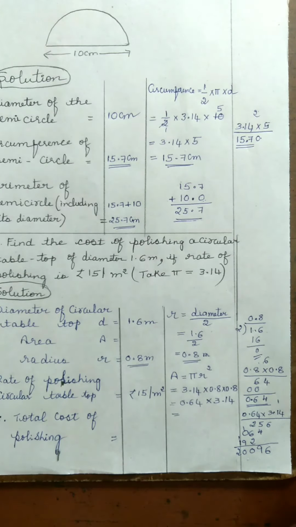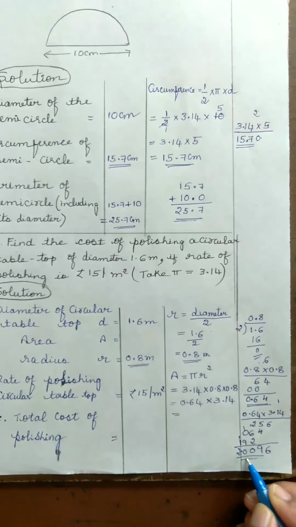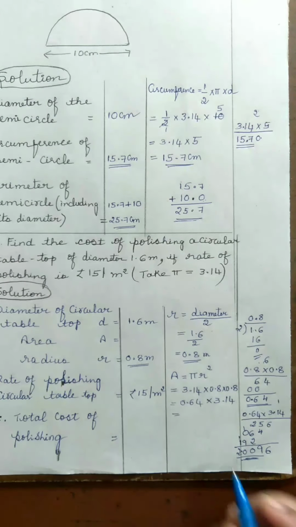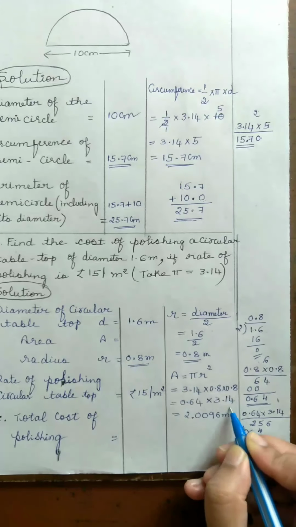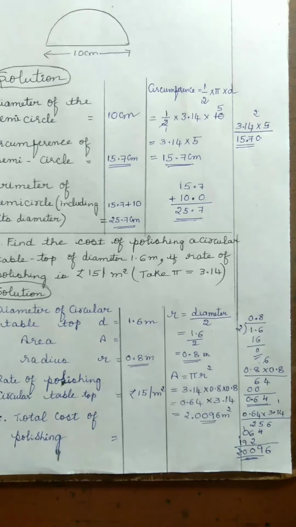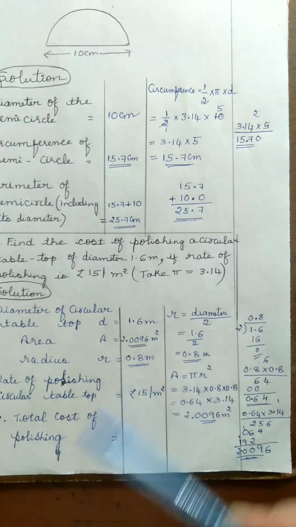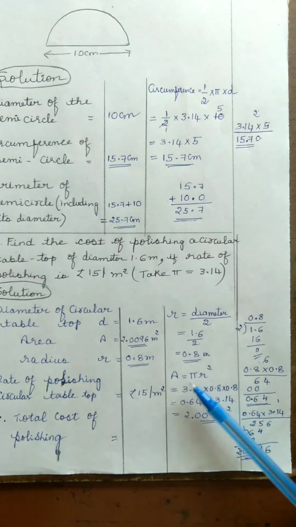Therefore in the answer, count from 4 digits, that is 1, 2, 3, 4. Therefore, the answer will be equal to 2.0096. Therefore, the area is 2.0096 meter square, using pi r square, and this is the simplification.